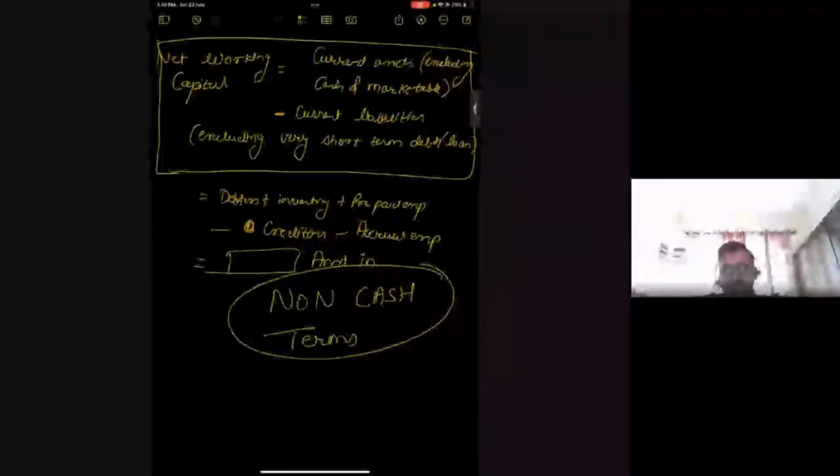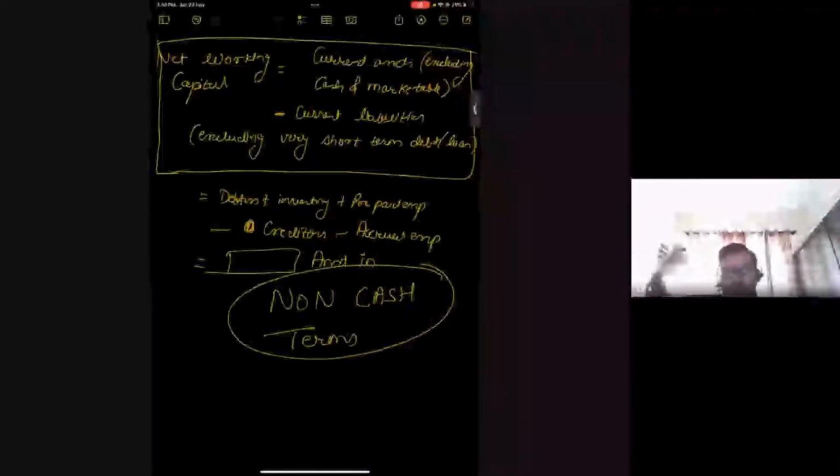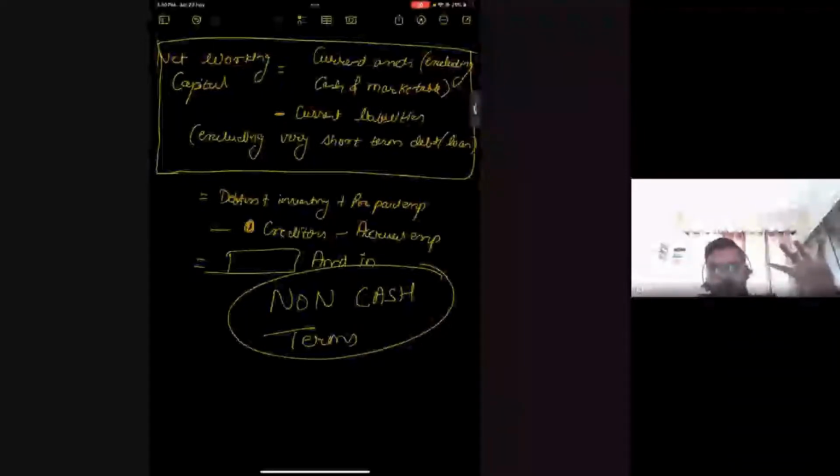Let's forget cash. Let's forget what's there in your bank account, and let's forget what can be quickly converted into cash, like marketable securities. Let's also forget the loans that you've taken from the bank, because bank loans are not immediately payable. They are payable at a certain point of time, you can pay after 20 days, 30 days, because they charge interest. The more you keep the bank loan, the greater the interest expense.